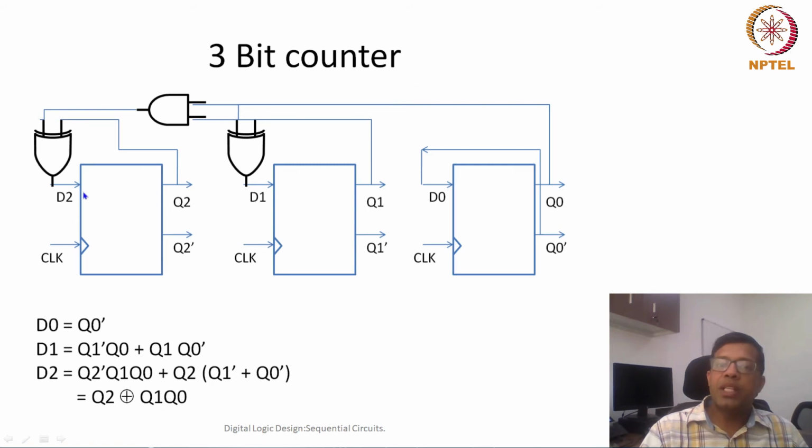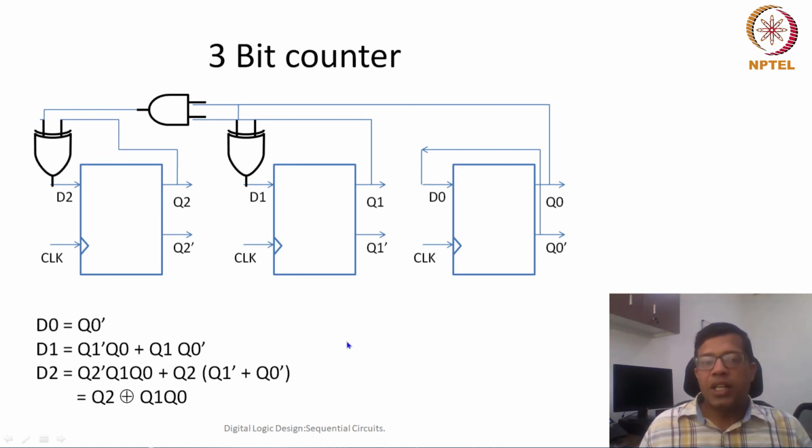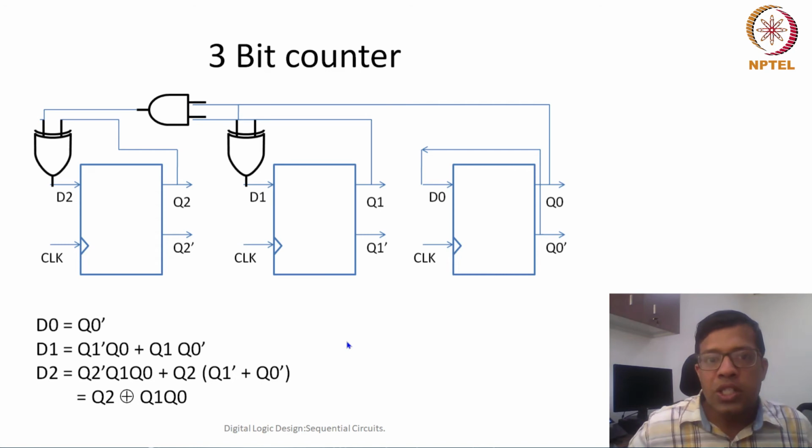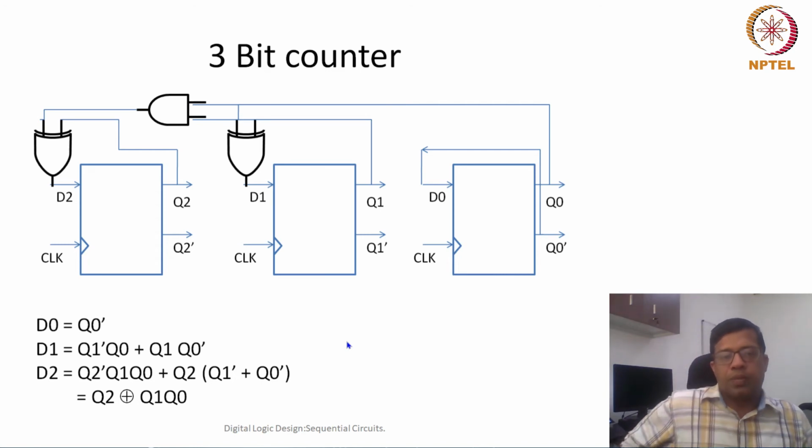And I can implement this using these three D flip flops, where D0 is equal to Q0 dash, D1 is equal to Q1 and Q0's XOR, and D2 is equal to XOR of Q2 and of Q1 and Q0. So this implementation can help us in doing a synchronous 3-bit counter.